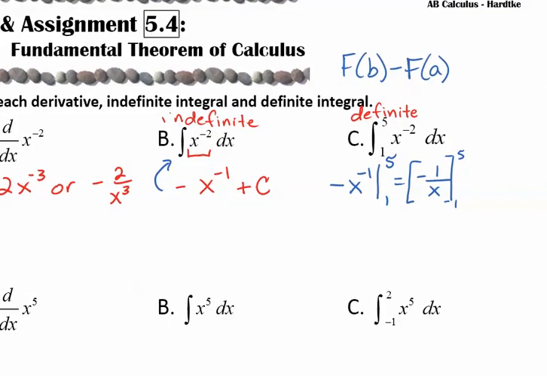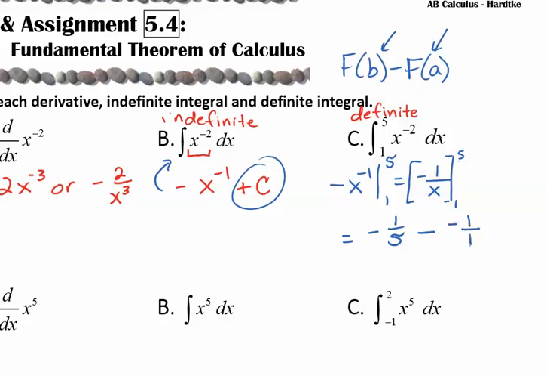We don't need the constant, remember, when we evaluate, because there would be a constant on both parts here. So you would have the constant minus the constant. That's an easy way to explain. So now we just need to do our substitutions. Our capital F of b would be negative 1/5, and then we subtract the value at the lower limit.